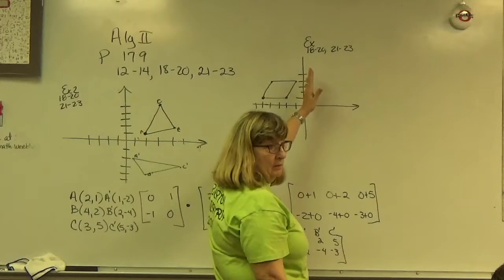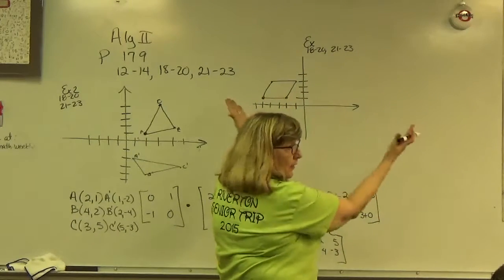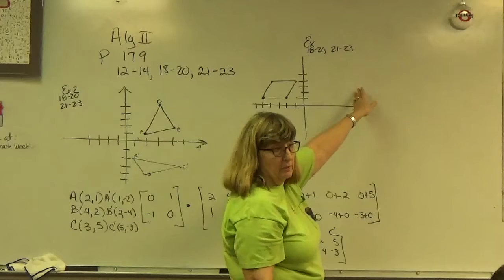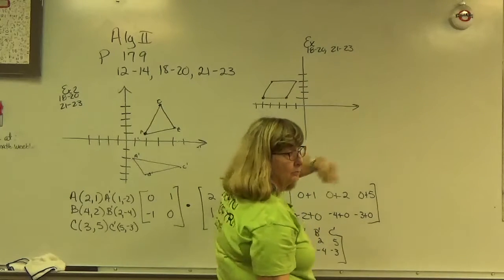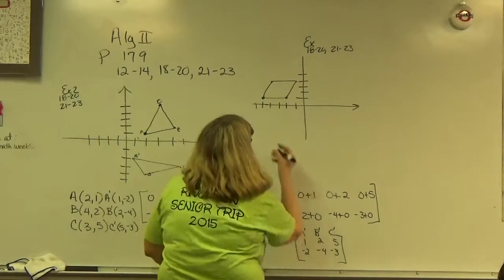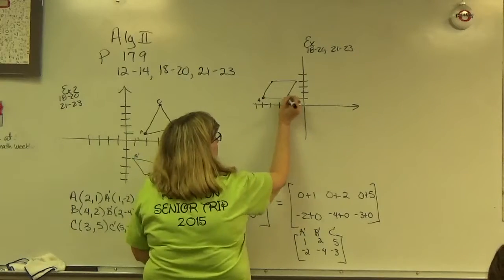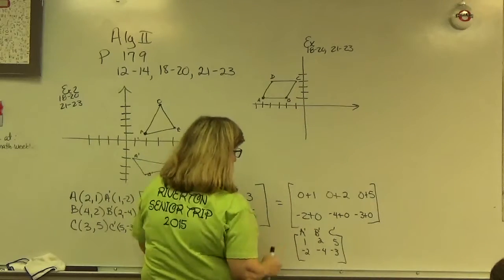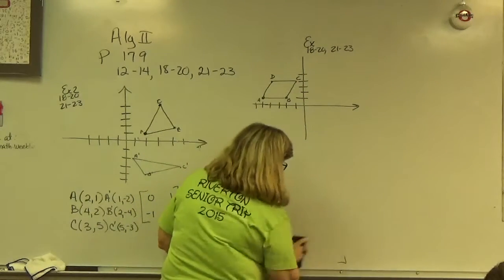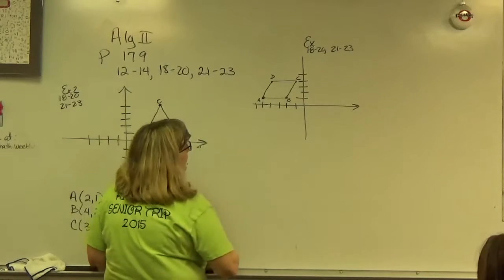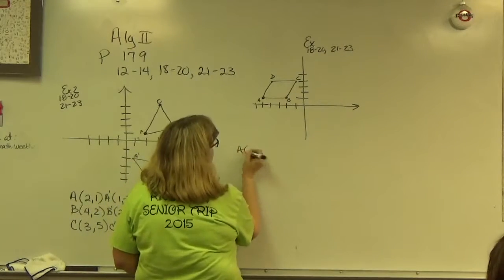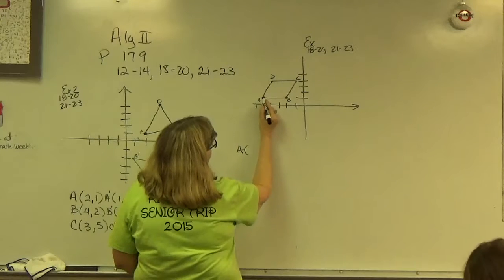What does that mean? If I fold on the y-axis, my graph should end up looking the same on the other side of the axis. So let's call this A, B, C, and D. We need to get our vertices. What are my vertices? A is what? 5, 1.